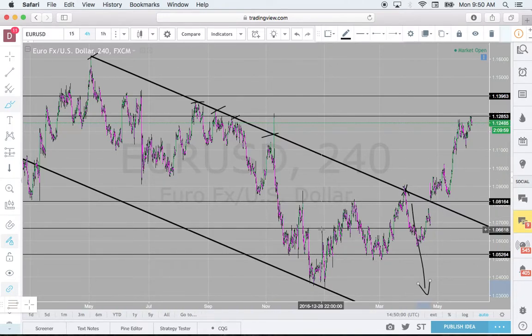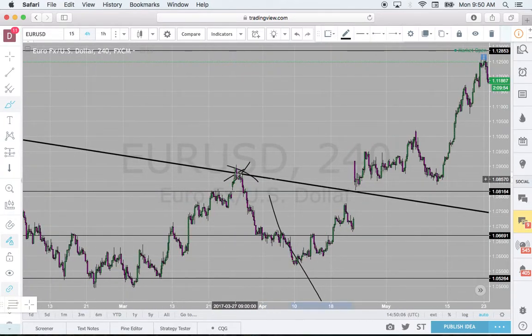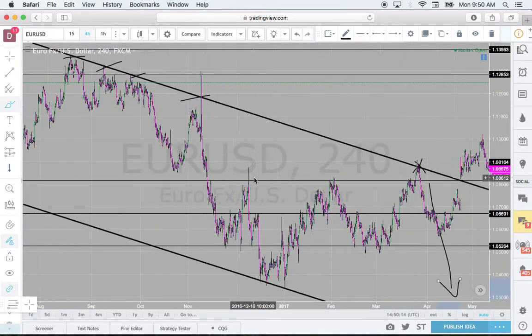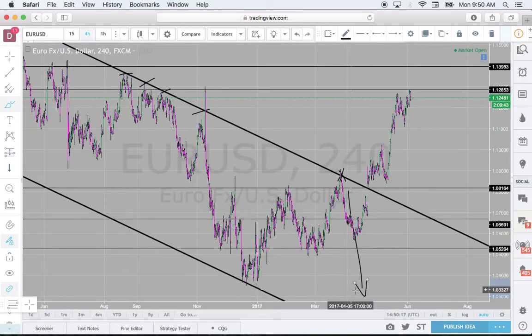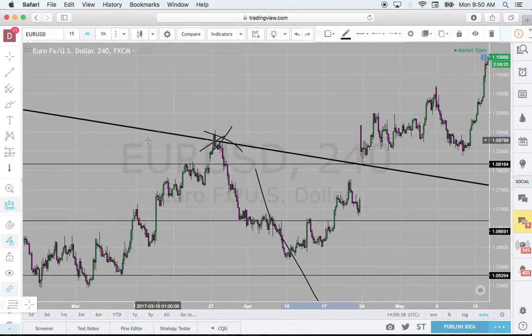So you can see when price hit here, many traders, many people were selling on a higher time frame, targeting this area, going for this 5-to-1 risk ratio, 500 pip drop, and maybe 100 pip stop loss. But what happened here?